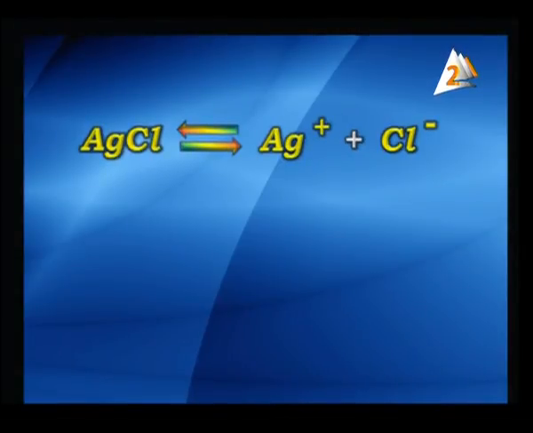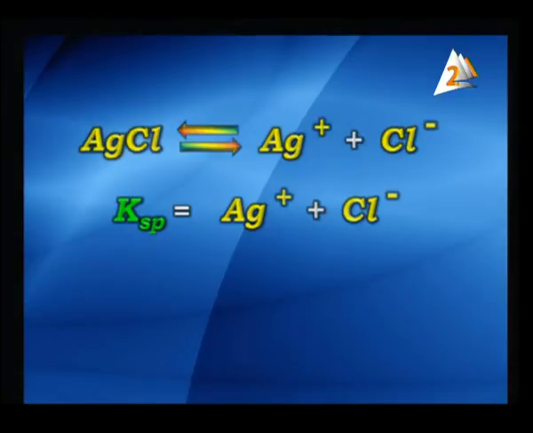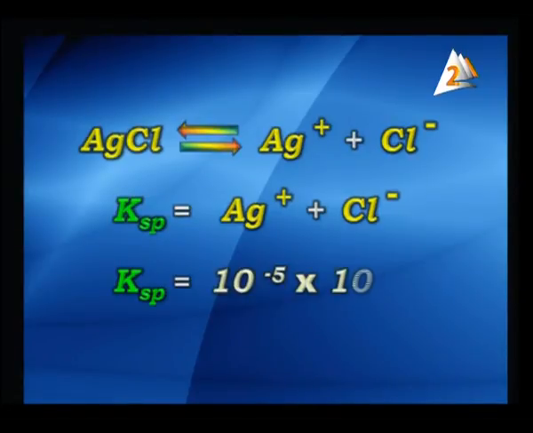Now, the Ksp, the equilibrium constant of solubility, equals the concentration of Ag+ times the concentration of Cl- ions. This equals 10 to the power of negative 5 times 10 to the power of negative 5. Directly we have the answer, which is 10 to the power of negative 10. Good. Now we have Ksp, the equilibrium constant for solubility.